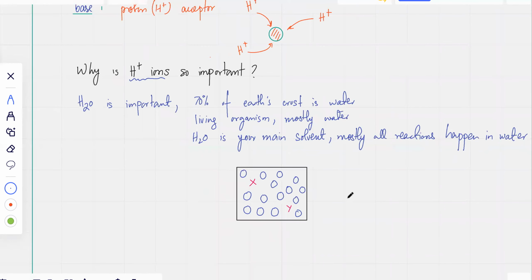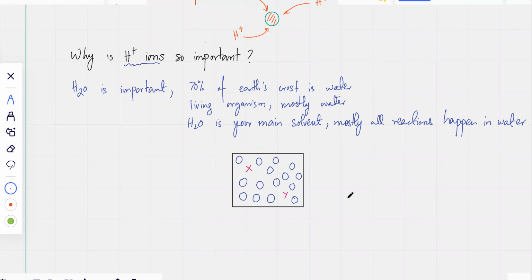Now the thing with water is that these water molecules, they like to ionize. Ionizes means that they break down. These water molecules are bumping into each other all the time. What happens is some of the water molecules might break down to produce two ions.